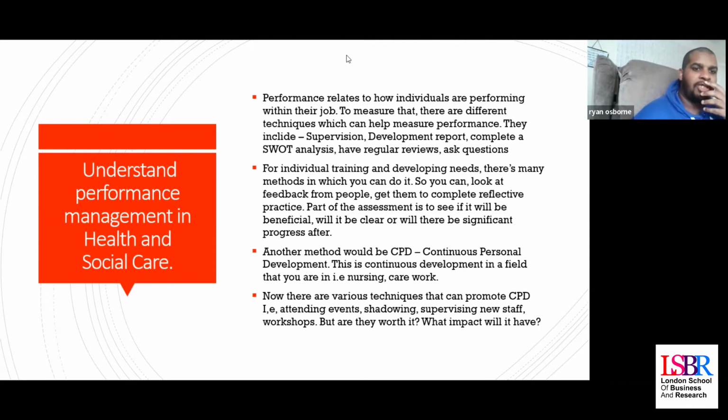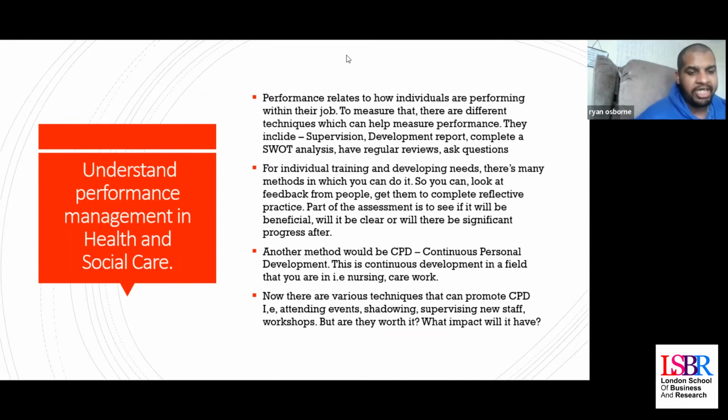But sometimes you may not be able to answer it on the spot. Sometimes you need to take your time and think about it. And this is a way you can measure someone's performance and how they are performing within their job.